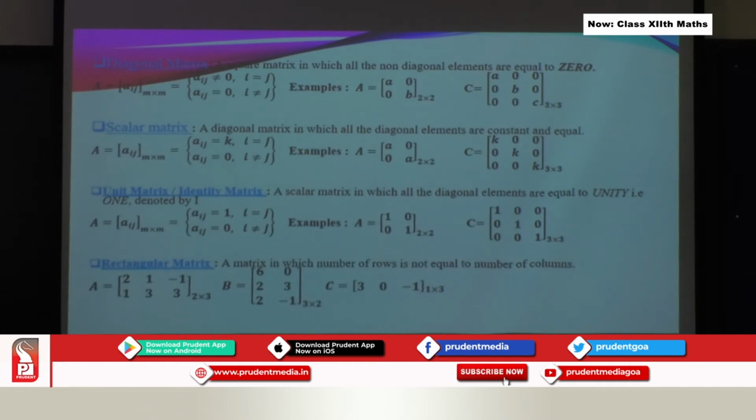Diagonal matrix. Just now I explained to you all which are the diagonal elements. So over here we talk about diagonal matrix, a square matrix in which all the non-diagonal elements are equal to 0. So over here if you understand this, it is very simple.